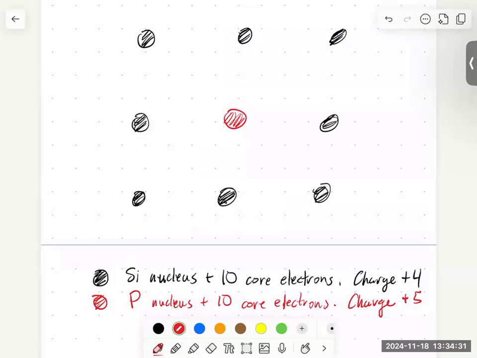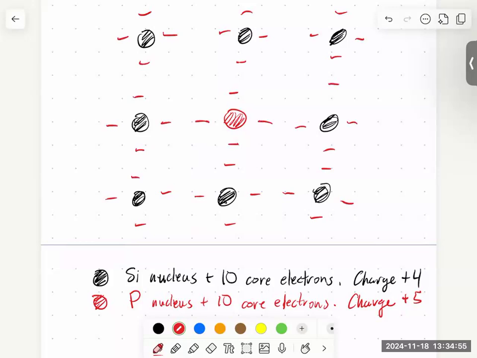Okay, so let's put in these electrons. So we'll start by putting, let's say, 4 around all of our silicon atoms. So we keep drawing similar types of pictures here. Now I've got my phosphorus, so it has 4 valence electrons, but then it's got this other one, this extra one. All right.